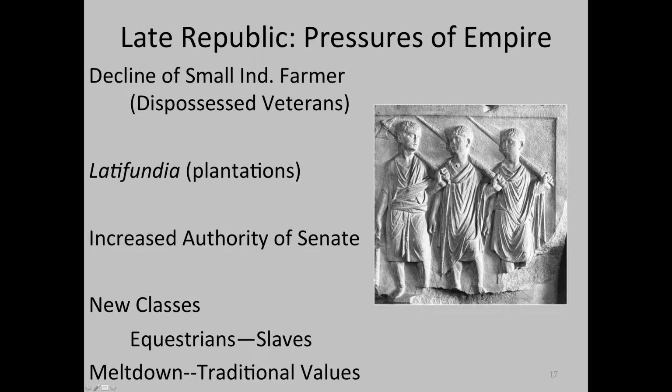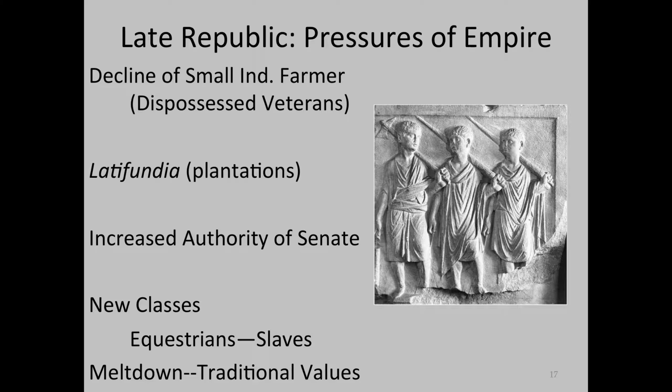The lower classes, the backbone of the Roman armies, no longer looked to the upper classes as the guardians of their interests. So we might say that the unspoken, unwritten consensus of the Roman constitution begins to be changed and challenged.